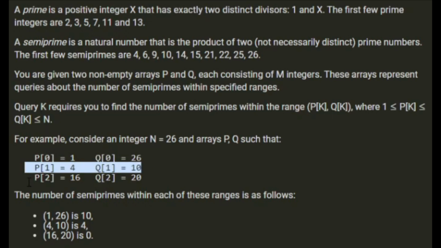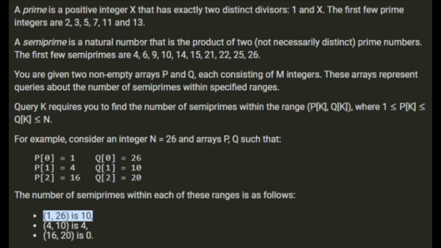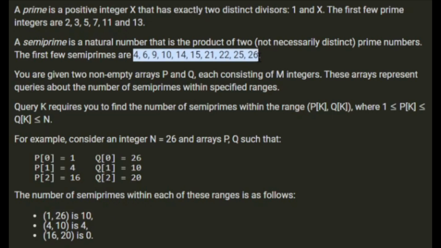Then we have 4 and 10, 16 and 20. The number of semiprimes within each of these ranges is as follows. 1 to 26 we have 10. Those are the 10 there. 4 to 10 we have 4, and 16 to 20 we have 0.